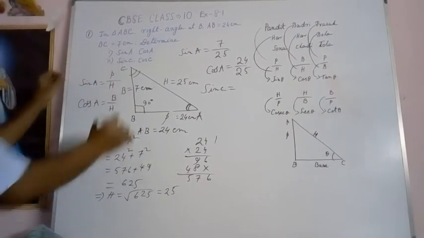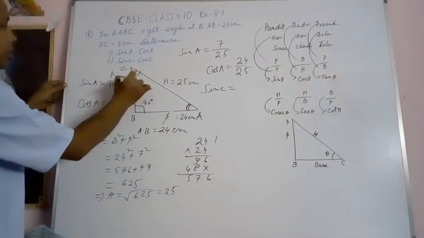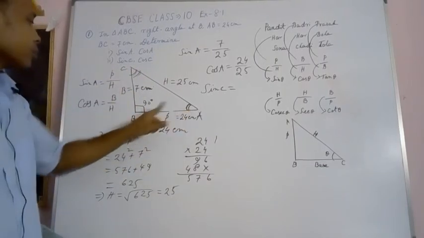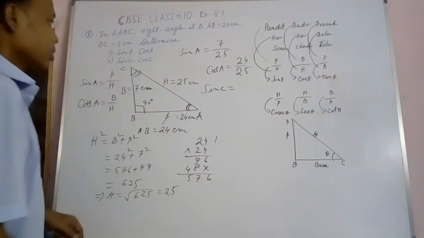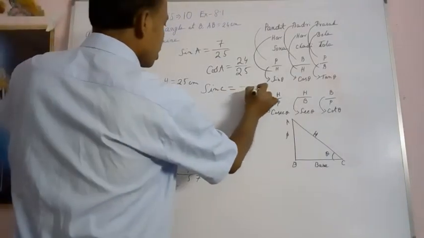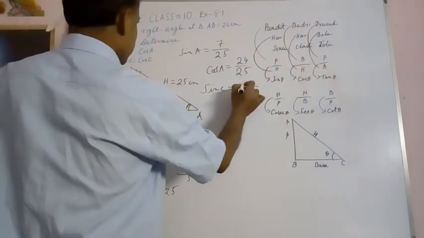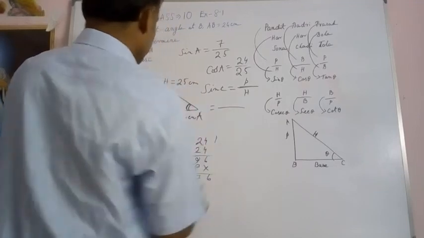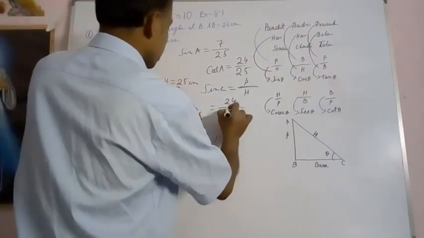When angle is C, then base will be BC. Okay. When angle is A, then base will be BA. Now sin C means perpendicular by hypotenuse, sin theta. Here perpendicular is equal to 24 by hypotenuse is equal to 25.